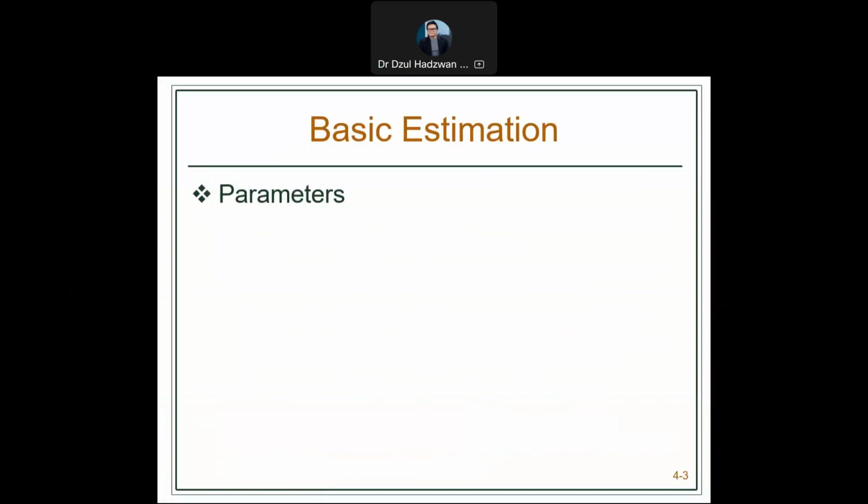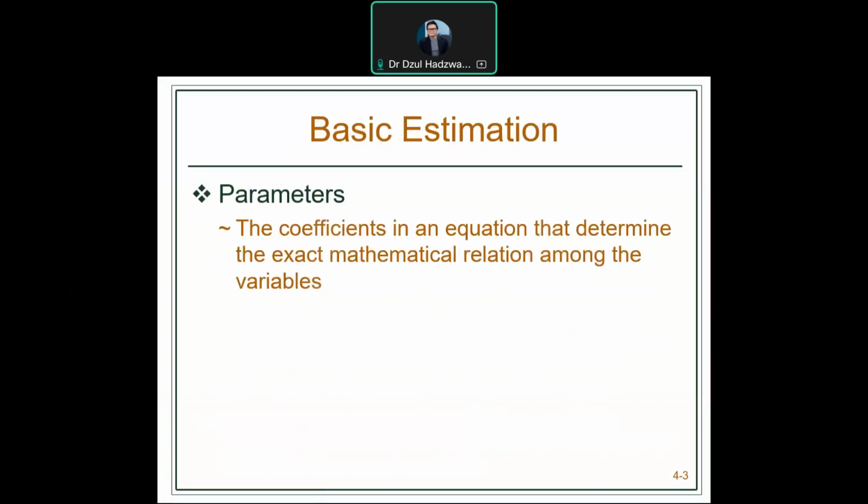Okay, the first thing that you need to understand and to know is the parameter. I believe that you have learned the terminology of parameter in your statistics course. So the parameter is all about the coefficient.